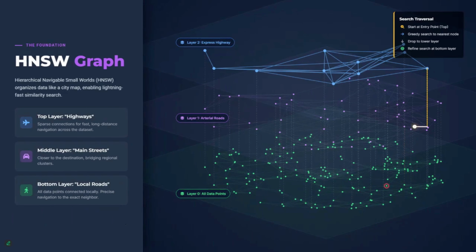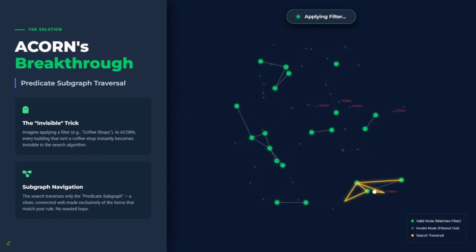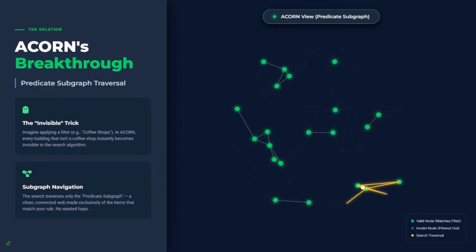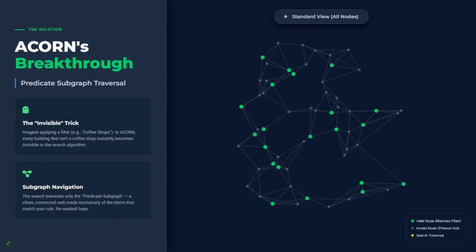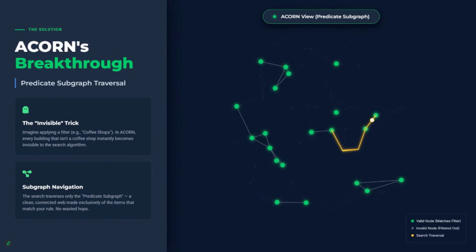But HNSW still struggles with the AND problem. It wasn't designed to handle filters gracefully, and this is where ACORN's real genius appears. Instead of discarding the HNSW map, ACORN enhances it with a superpower called predicate subgraph traversal. Imagine applying a filter, say you only want coffee shops.